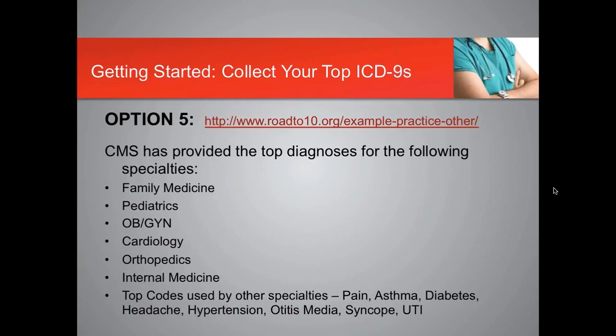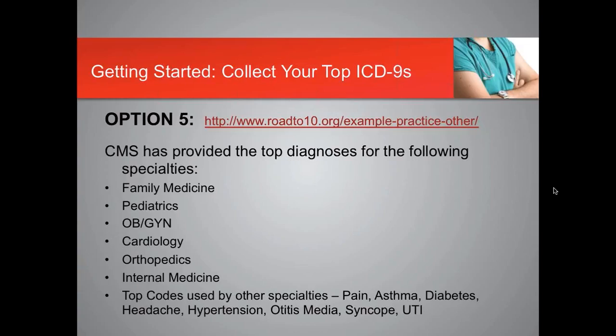A last option, these are five options I've given you, to collect your top ICD-9s is roadto10.org, which is the CMS website for ICD-10. They have provided top diagnoses for family medicine, peds, OB-GYN, cardiology, orthopedics, and internal medicine.